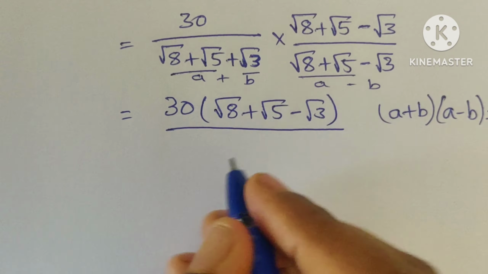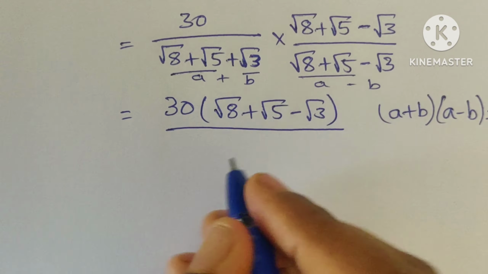Here we can write square root of 8 square plus square root of 5 square plus 2ab. So minus, so here square root gets cancelled, it will be minus 3.